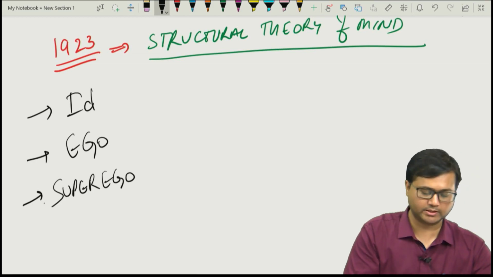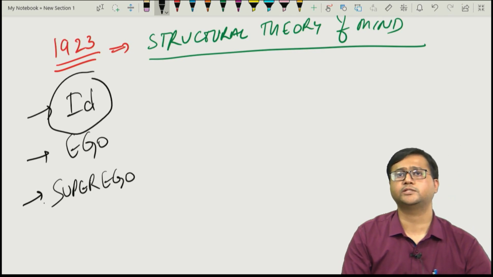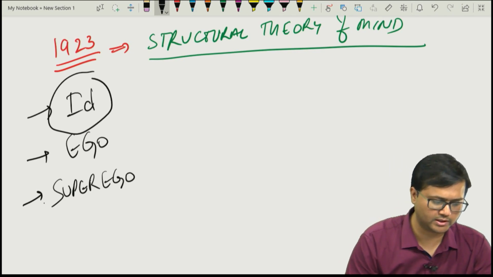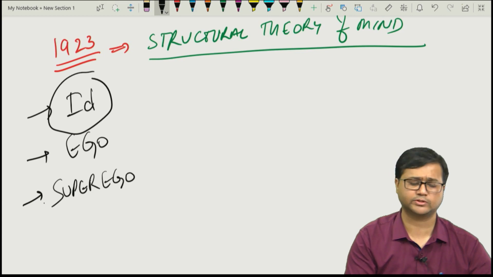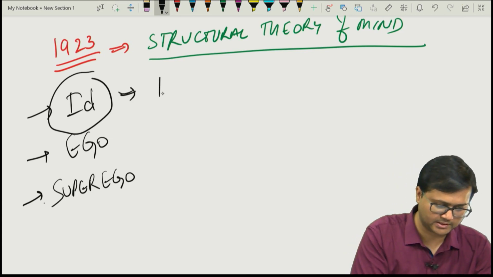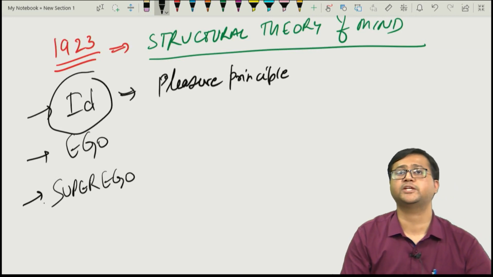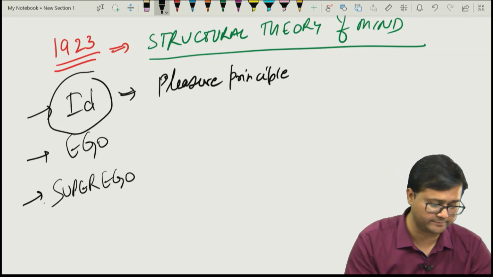So basically id is the unconscious basic instincts, like hunger, sexual drive, thirst, and it works on the pleasure principle. That is why it seeks pleasure. This is the ultimate aim.